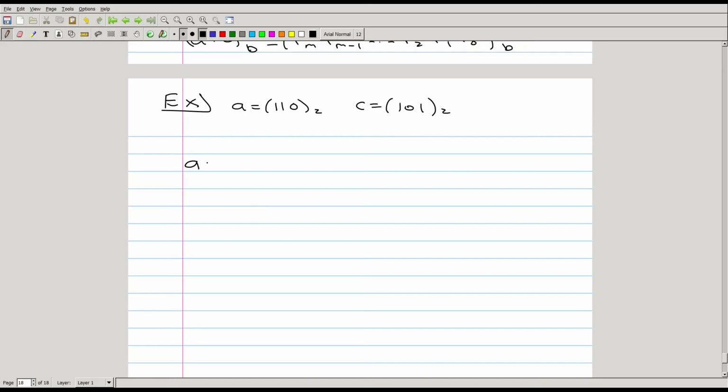So to illustrate the first thing that I showed above, we'll just go through and do this brute force. 2 to the 0, 1 times 2 to the 1, plus 1 times 2 to the 0, then 1 times 2 to the 0, plus 0 times 2 to the 1, plus 1 times 2 to the 2.